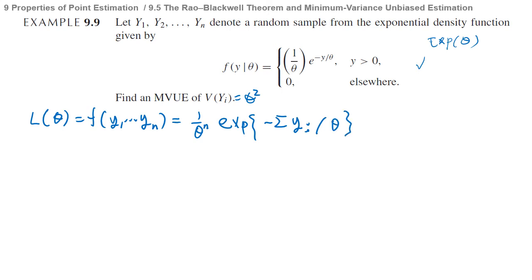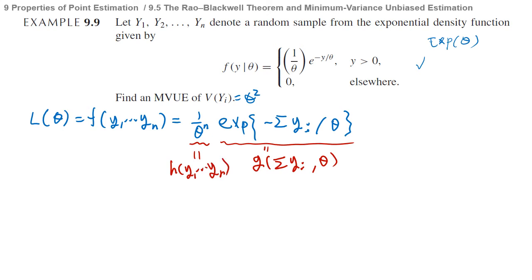From here, this part is our g of the sum of yi comma theta, and this part is h of y1 to yn. And so by the factorization theorem, the sum of yi is our sufficient statistic.